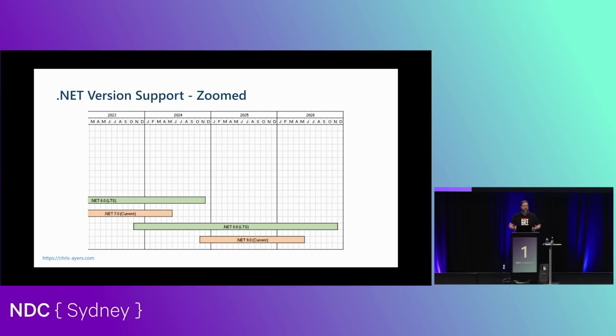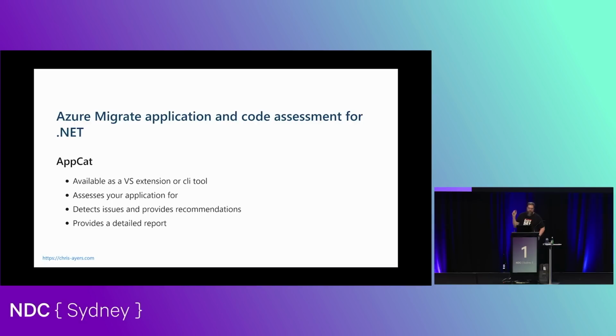Now, I gave you a lot of things to watch out for when you're trying to containerize something. How do you find them? Sometimes it's trial and error. There's a tool out there called AppCat, which is the Azure Migration and Code Assessment tool. There's a CLI version and a Visual Studio plugin that you can use. You point it at your solution, it will scan through your dependencies and scan through your code. It'll do a static analysis.